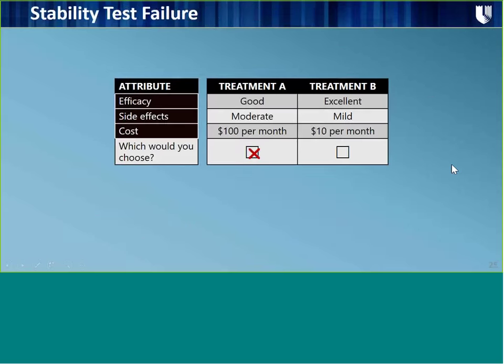Better do this. Within set monotonicity, within our group, I'm sorry, but we call this the bozo test. That is, anybody, even a bozo, could read this and everybody would agree, no matter what their preferences are. Why do they agree? Because treatment A is not as good as treatment B. It only has good efficacy, but treatment B has excellent efficacy.